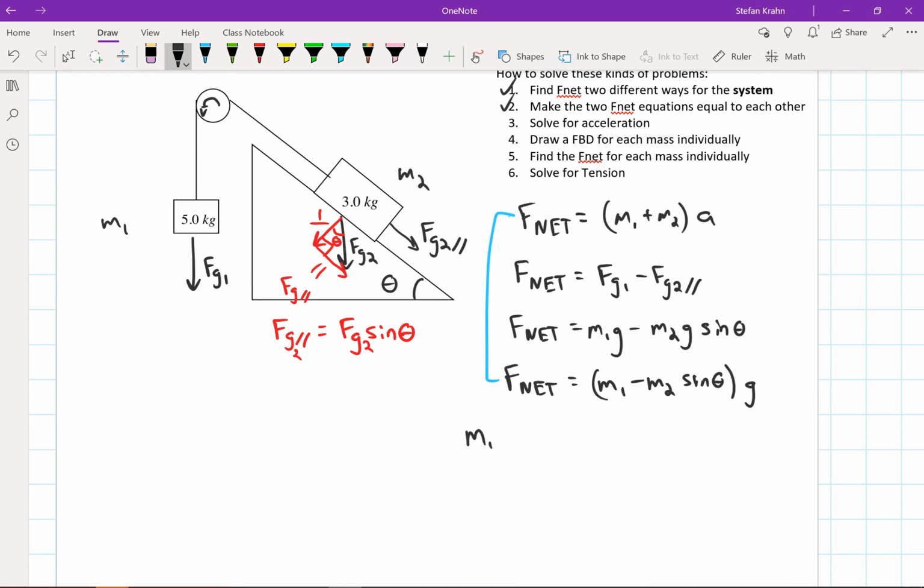So I have mass 1 plus mass 2 times my acceleration is equal to mass 1 minus mass 2 times sine of theta times g. I divide both sides by m1 plus m2, and I'll get my acceleration: m1 minus m2 sine theta, all divided by m1 plus m2, times g.